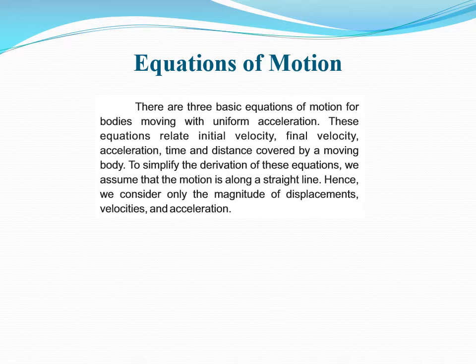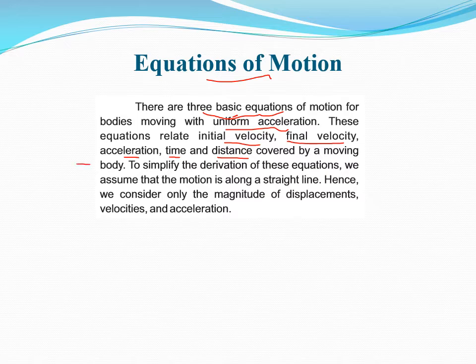Let's have some words regarding the equations of motion. As you already know, there are three basic equations of motion for bodies moving with uniform acceleration. These equations relate initial velocity, final velocity, acceleration, time, and distance covered by a moving body.